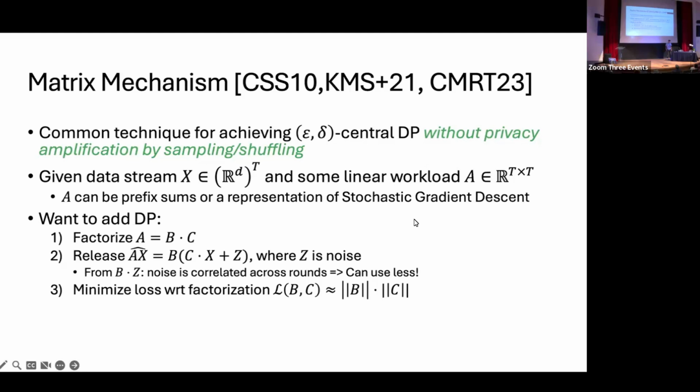In terms of accuracy, what they want to do is minimize the loss of this factorization, which is proportional to the size of B, some sort of norm, times the same thing for C. That's because B is multiplying Z. The reason you care about C is that you're trying to get DP for this inner mechanism CX plus Z, so the noise is tuned to the size of C, because this is how much X gets amplified in some sense.